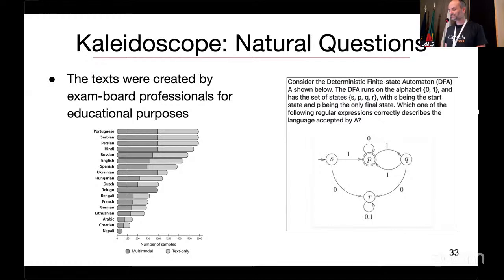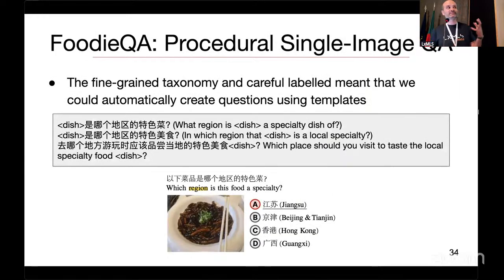And in terms of 3DQA, like I said, because we have this taxonomy, we were able to create templates and to fill in different types of attributes of dishes into the questions so that, for example, we could say which region of this food is a speciality. Because we know what's annotated for this, we can programmatically generate that to create single image QA examples. This is something that's really challenging for models. It's actually quite easy for Chinese native speakers.